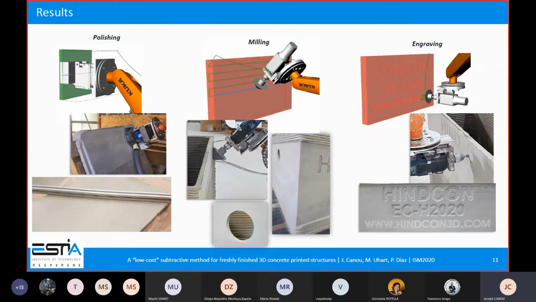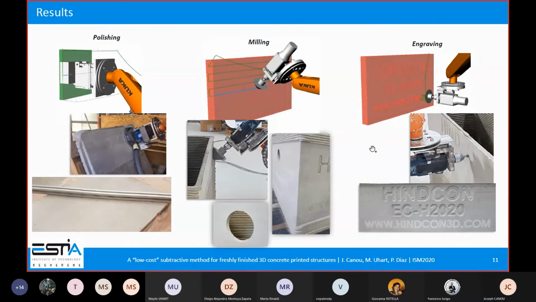And that was the interesting thing. So we can build 2 meter by 2 meter parts, and then we can finish also the parts that we want to assemble. So that was the idea of milling.